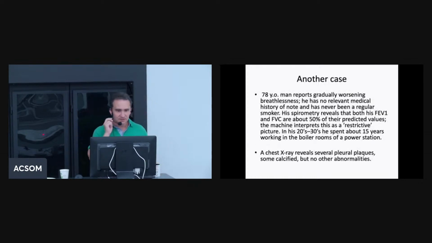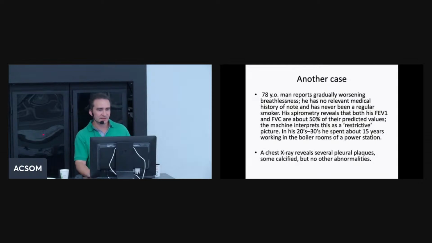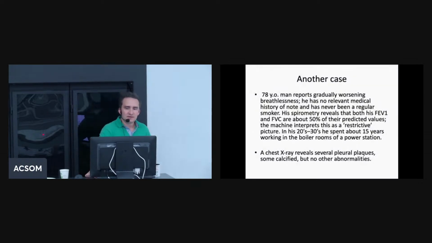So another case: a 78-year-old man reports gradually worsening breathlessness, has no relevant medical history of note, and has never been a regular smoker. His spirometry reveals both FEV1 and FVC about 50% of the predicted values.